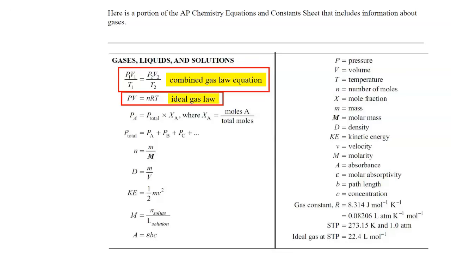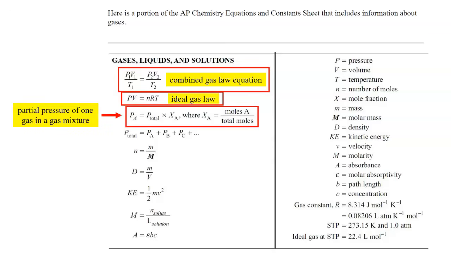The next equation, which is the ideal gas law, involves pressure times volume is equal to number of moles times the ideal gas constant R times the absolute temperature. The next two equations relate to a mixture of gases.